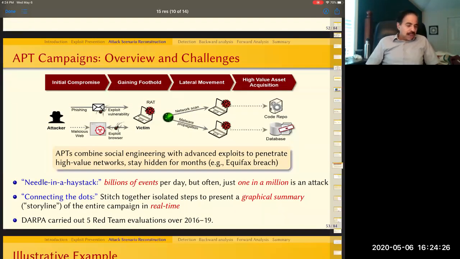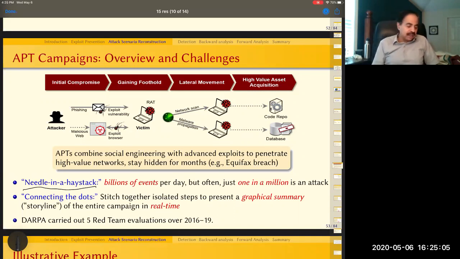So the technical challenges we can very quickly summarize as two. One is what we call the needle in a haystack problem: in a large enterprise there is a lot going on, and a large number of security relevant events are taking place, and these need to be logged and analyzed.